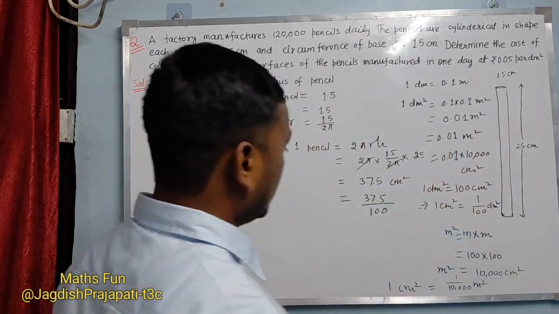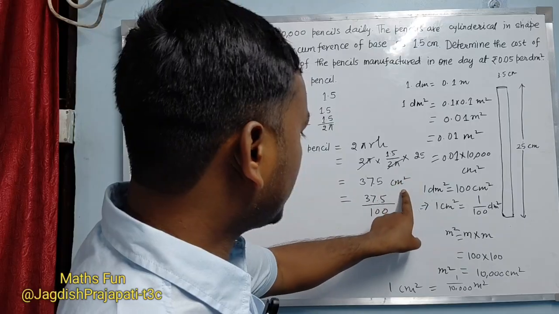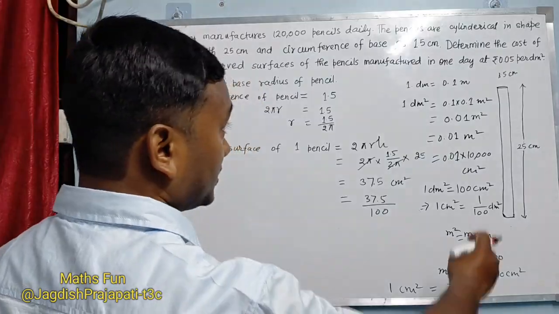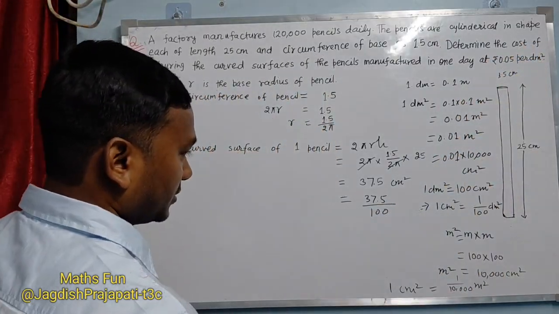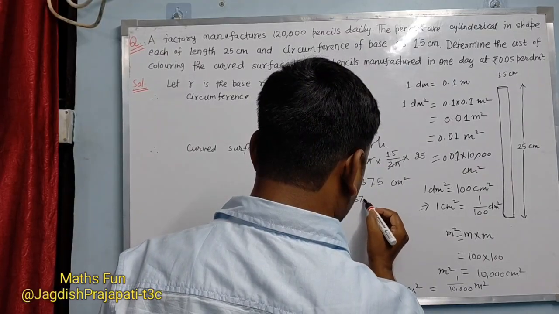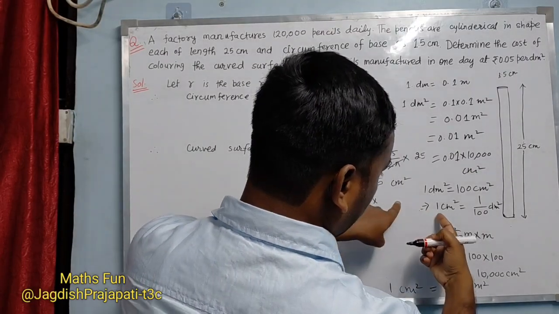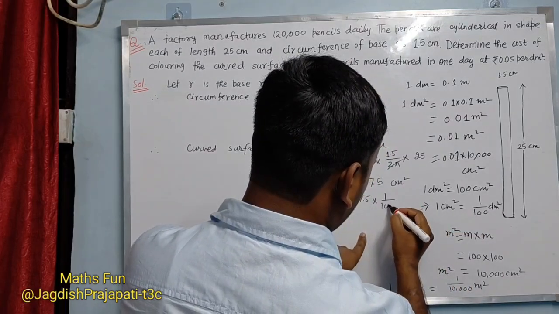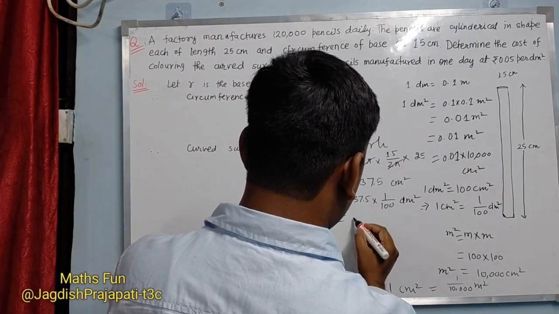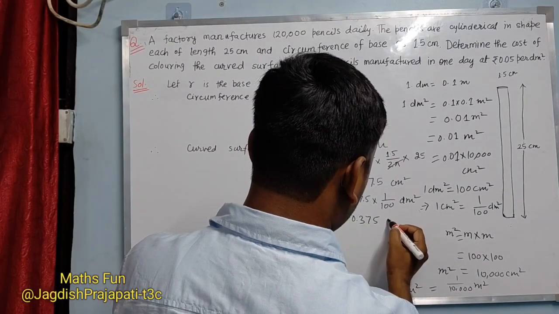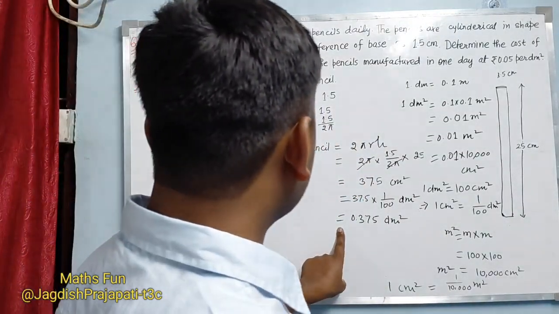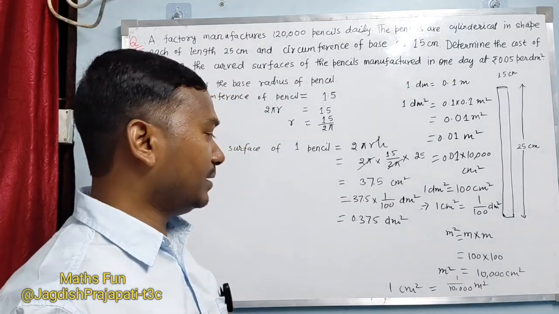Here, instead of square centimeter, I am going to write square decimeter, because the cost is given per square decimeter. So this will be 37.5 into 1 upon 100, which is 0.375 square decimeter. So this is the curved surface of one pencil.